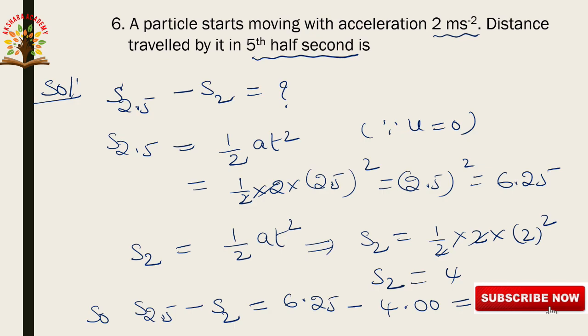After doing the subtraction we get 2.25 meters. This is the distance travelled by the particle in the fifth half second, that is 2.25 meters. Okay, next we will go to the next question.